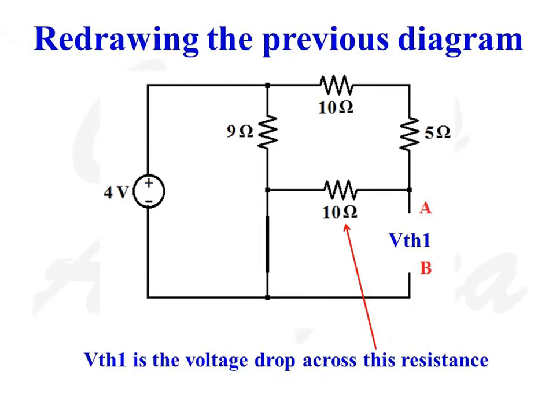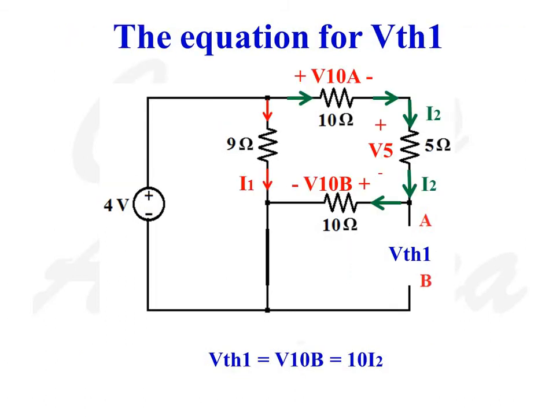Now if we inspect the output terminals A and B, we can find that VTH1 is nothing but the voltage drop across the 10 ohms resistance, denoted as V10B. We can write V10B is equal to I2 into 10. So if we can find I2, then VTH1 is equal to V10B, which is equal to 10 I2.